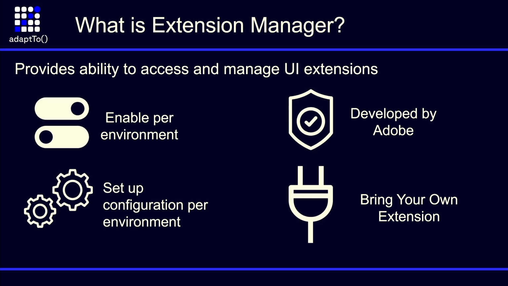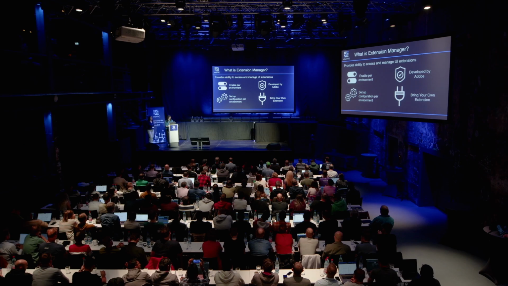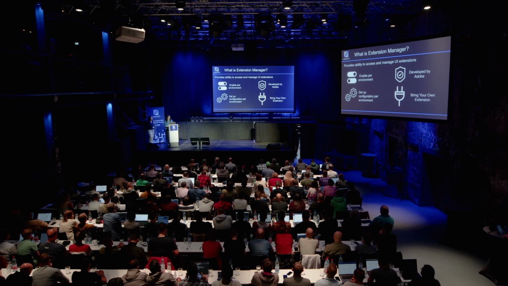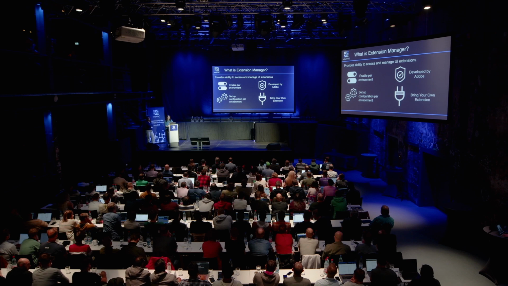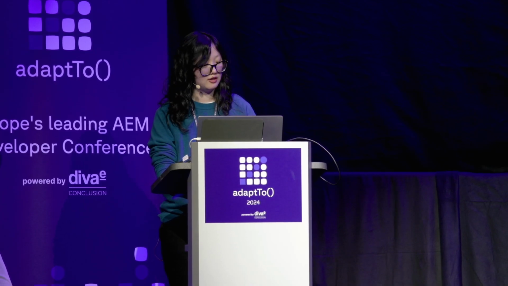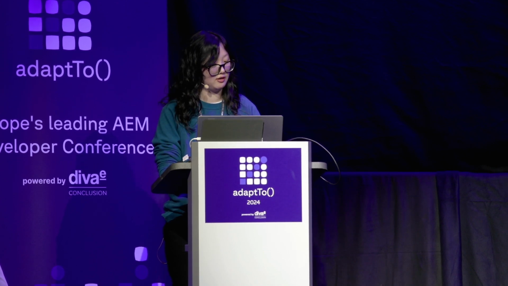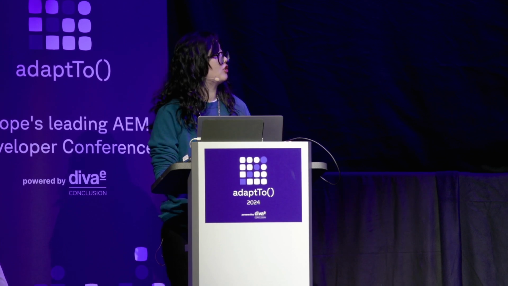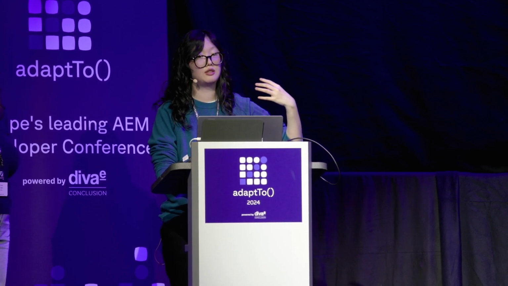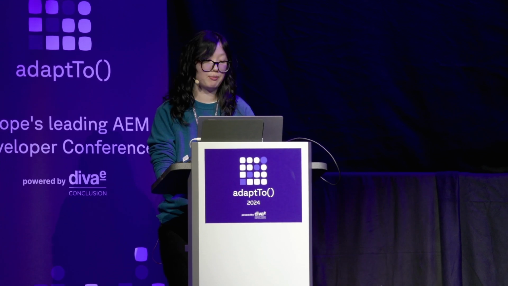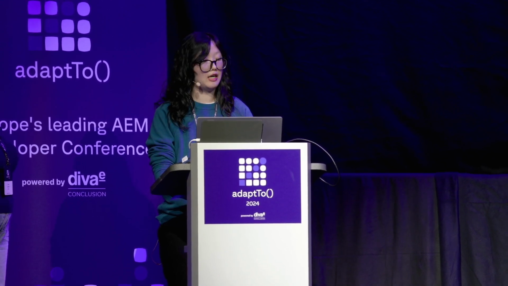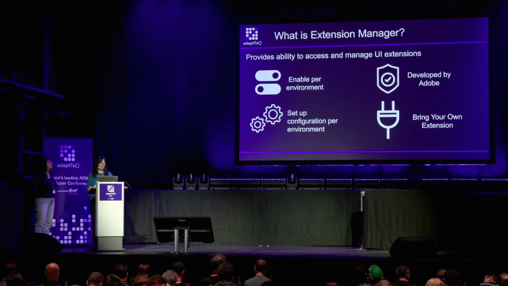Furthermore, Extension Manager is a way for us to instantly distribute Adobe developed extensions so that you, the user and developer, can instantly access them, no installation necessary. And finally, we have bring your own extension. With bring your own extension, you can deploy your extension outside of App Builder and simply supply a URL to be able to use it in our extensible services.